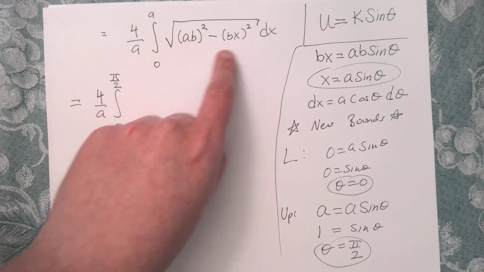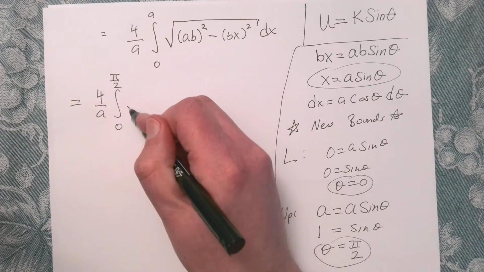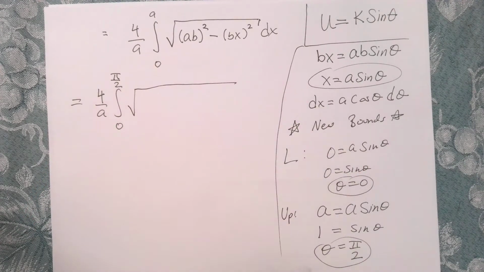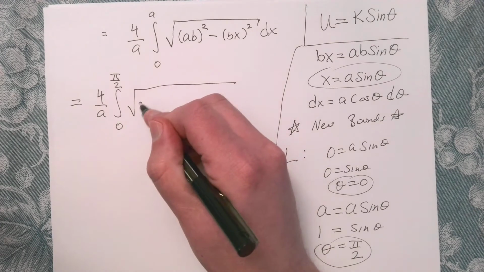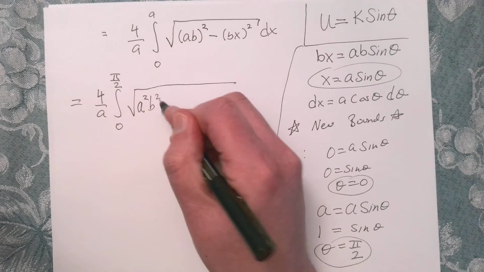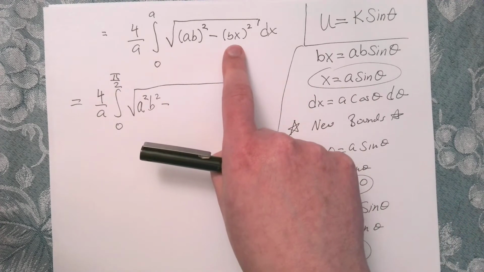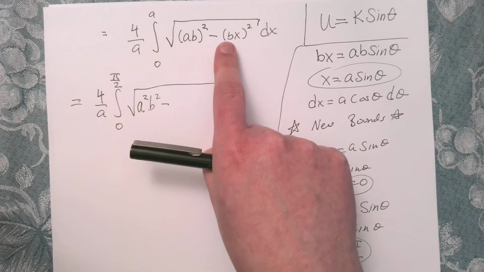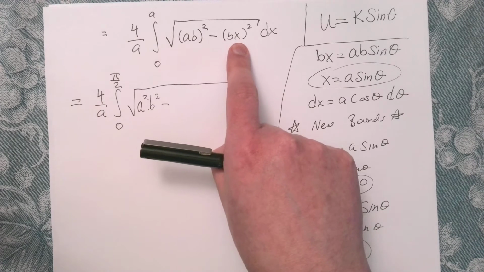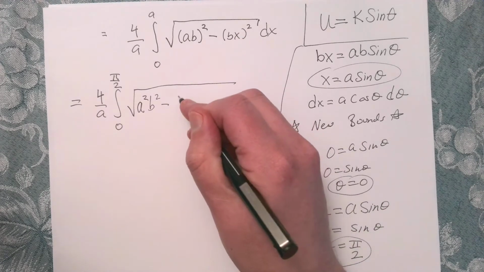And then let's see what we have inside of here. Okay, well, maybe I'll go ahead and call this a squared b squared again. And then here we said x was equal to a sine. So together, think about what that gives you. That's going to give you a b sine of theta quantity squared.